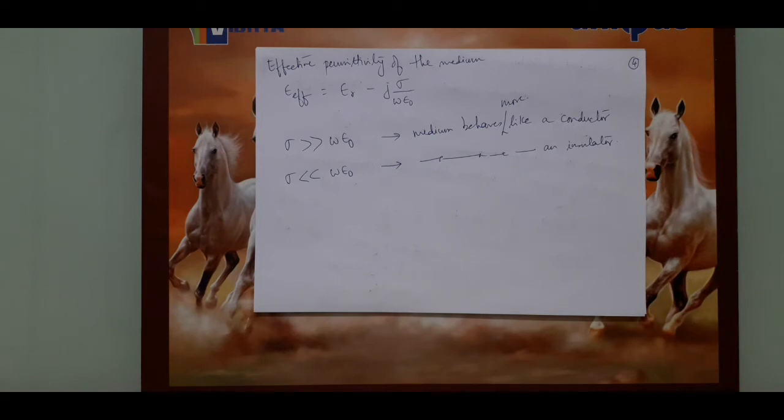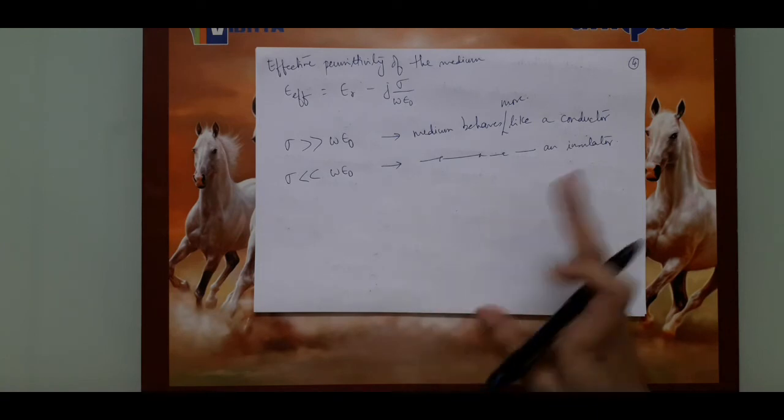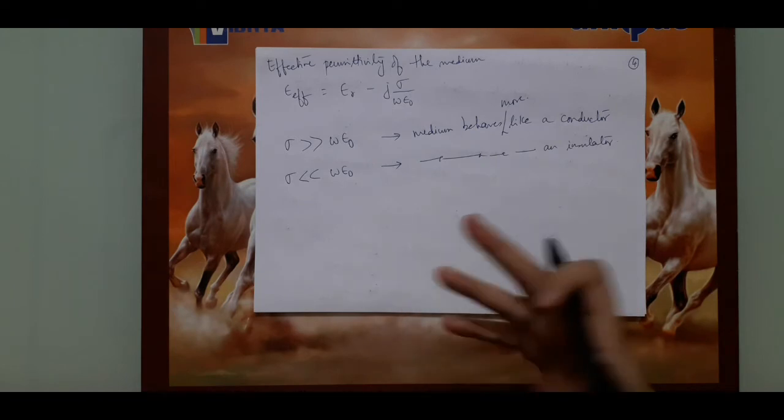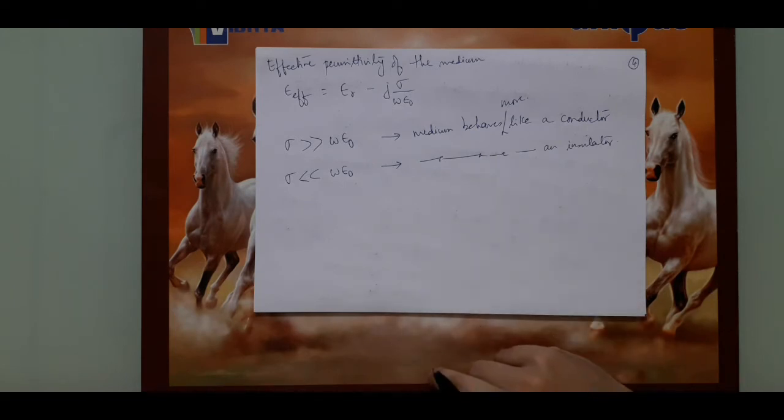This is very interesting, and it happens with many kinds of media. For example, seawater: for certain frequencies it behaves like an insulator, and for certain frequencies it behaves like a conductor.